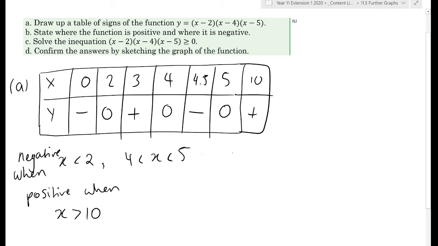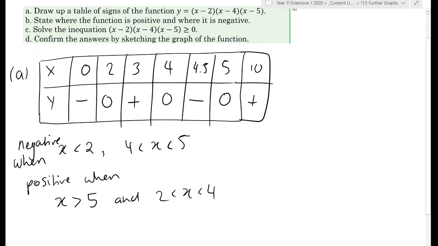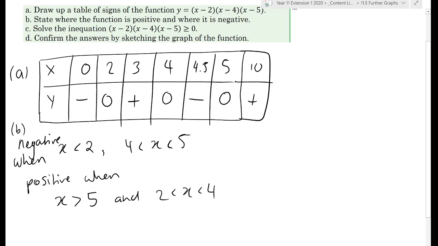So, not when it's bigger than 10, sorry, when it's bigger than 5, okay? Because 5 is our 0, so any number that's bigger than 5 will give us a positive value. I just use 10 as our placeholder. And we also know that between 2 and 4, x is also positive. So there are all my values for when they're negative and positive, and that's part B.